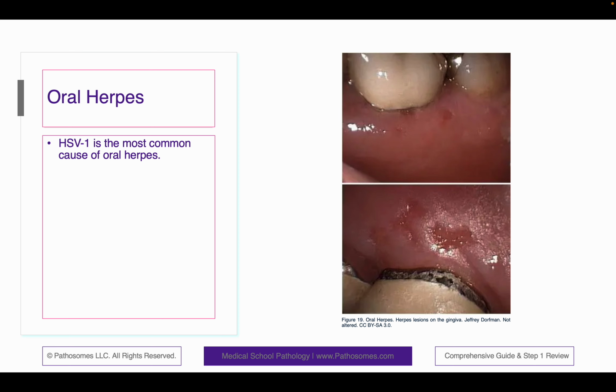Now, what's the most common cause of oral herpes? HSV1. What's the most common cause of genital herpes? HSV2, right? Just for closing that loop. Now, that doesn't mean that HSV2 can happen in the mouth or HSV1 on the genitals, but we're talking about most common here, right? So remember that if it's most common in the mouth, it's going to be HSV1.